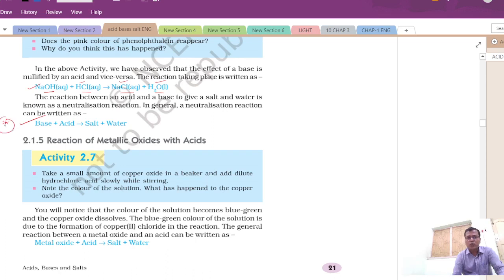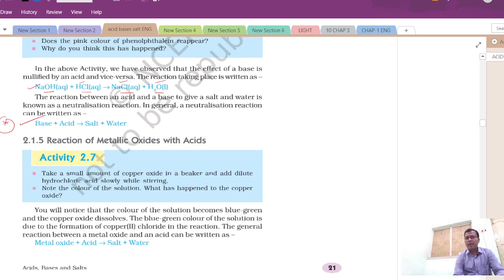I have already told you that you don't have to remember every equation. If any equation is very important or may be asked, then I will suggest you remember it. This is not just an equation, it is a concept related to the properties of acids and bases.